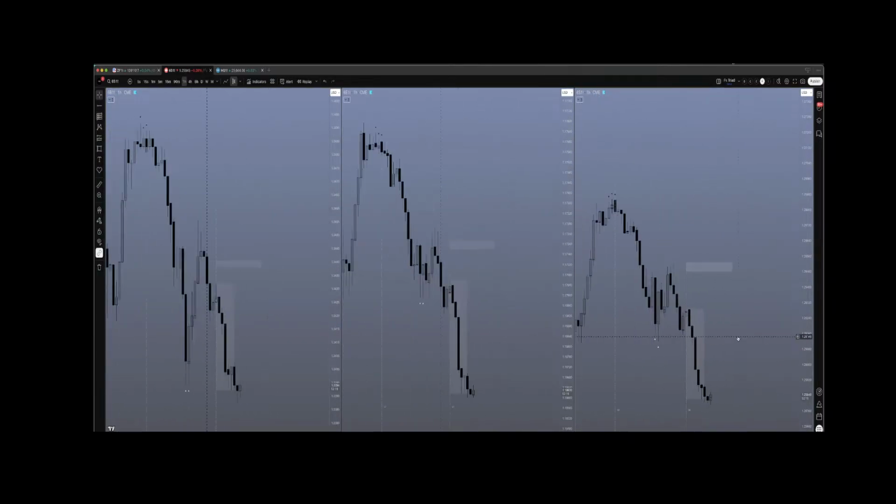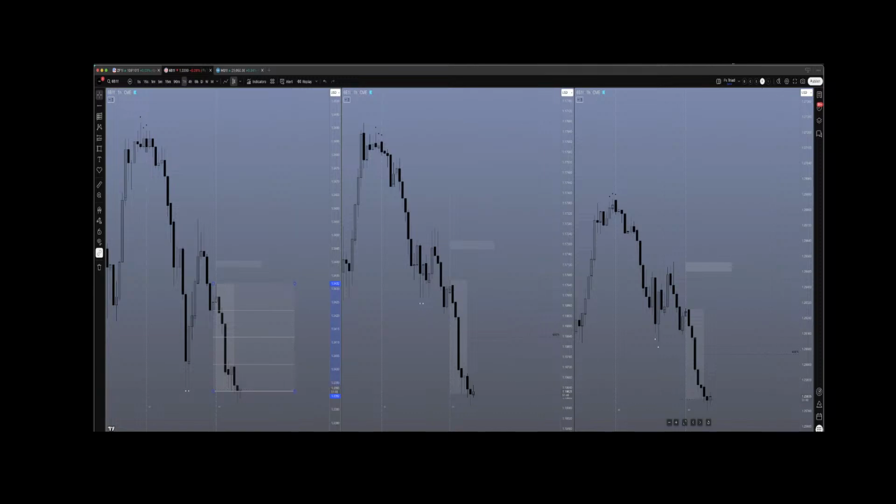And the equilibrium of the 6 hour is going to be a level that I'm going to use, especially as we wick below, close above, or hit 50% of the range. We know that to be true. So if one asset hits equilibrium of the 6 hour here, I am willing to take a trade.